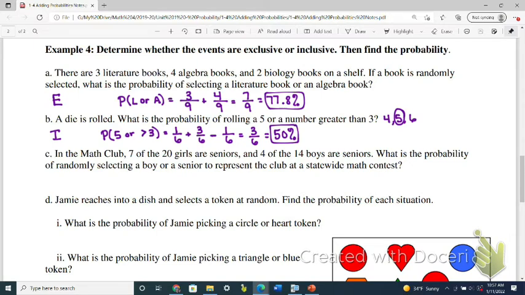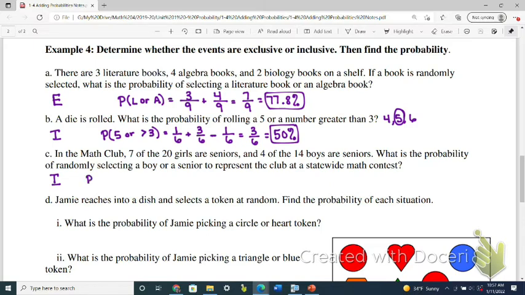And C, it says in a math club, 7 of the 20 girls are seniors, 4 of the 14 boys are seniors. What is the probability of a randomly selected boy or senior to represent the club at a statewide math contest? So can a boy be a senior? Yes. Therefore, these are inclusive.